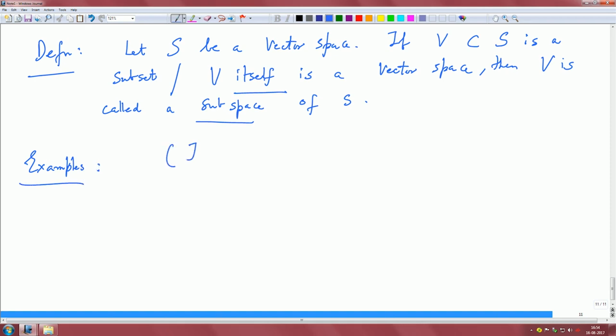So we will take the example of binary codes.